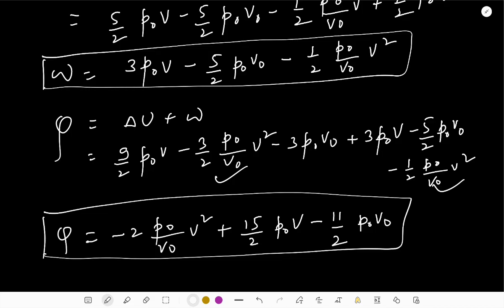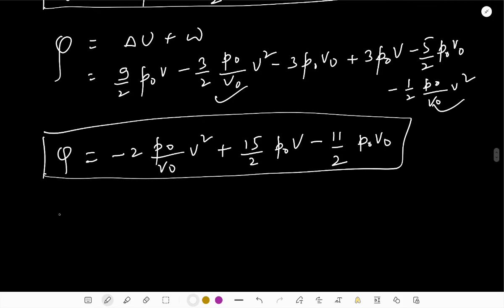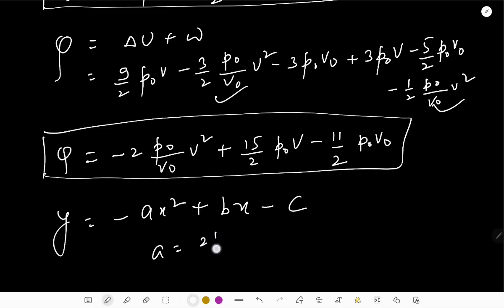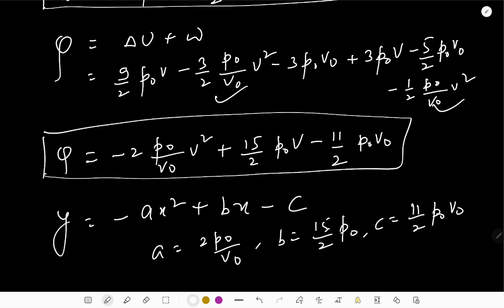And you can see it looks like y equals minus a x square plus b x minus c. Here a equals 2 P naught by V naught, b equals 15 by 2 P naught, and c is equal to 11 by 2 P naught V naught.